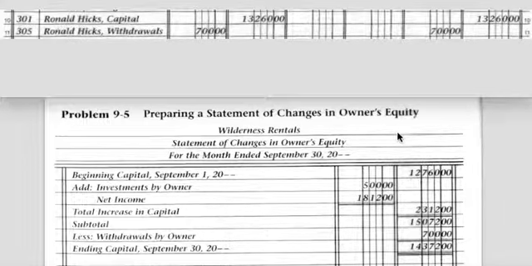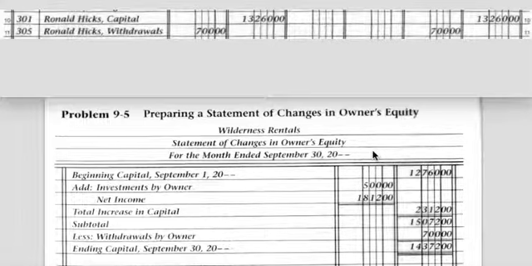As with our previous financial reports, including the income statement in problem 9.4, for the heading we need to include the who, the what, and the when. In this case, the who is Wilderness Rentals. The what is called Statement of Changes in Owner's Equity, and you must list out that whole title.